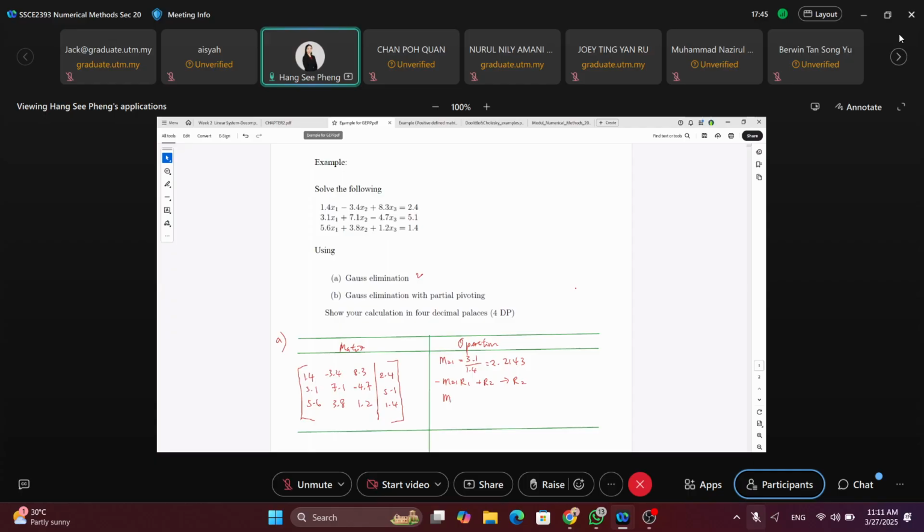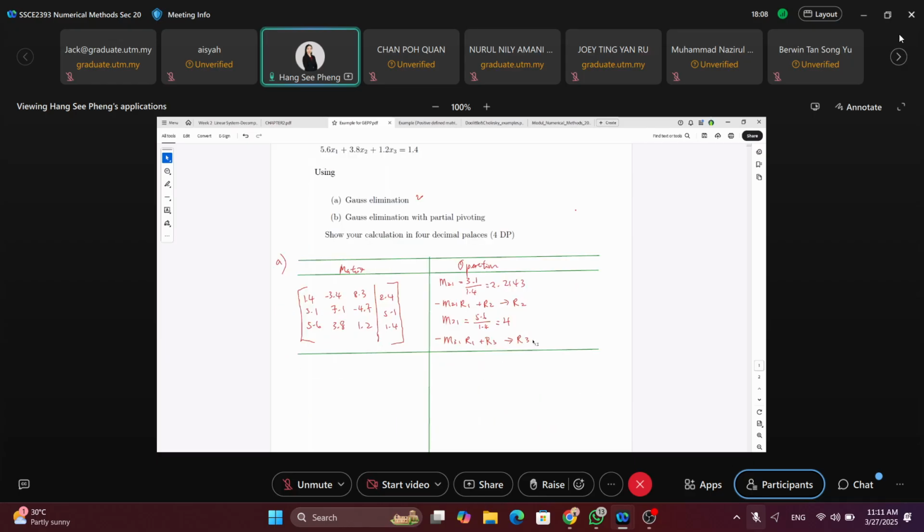And then we have M31. A31 is 5.6, divided by 1.4, which equals 4. So M31 is 4, and R3 becomes the new R3. Based on these operations, now we update our matrix.